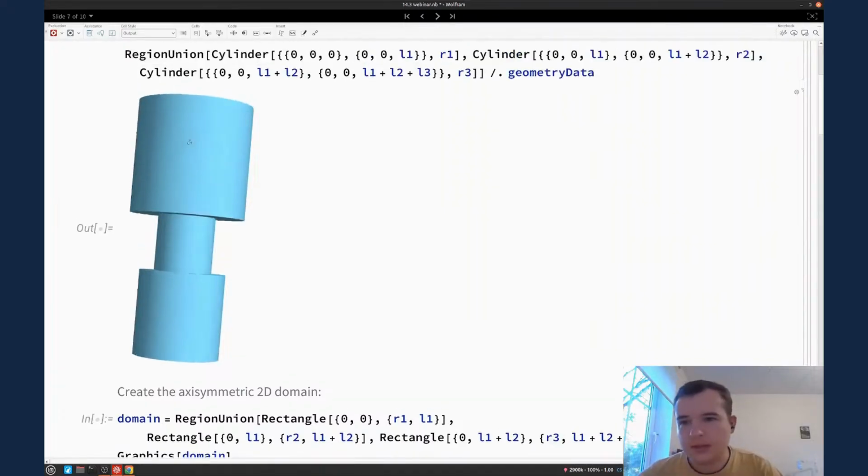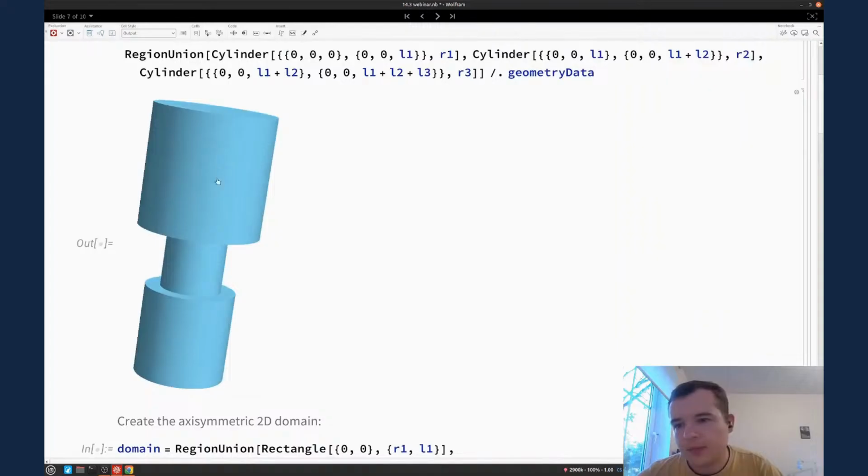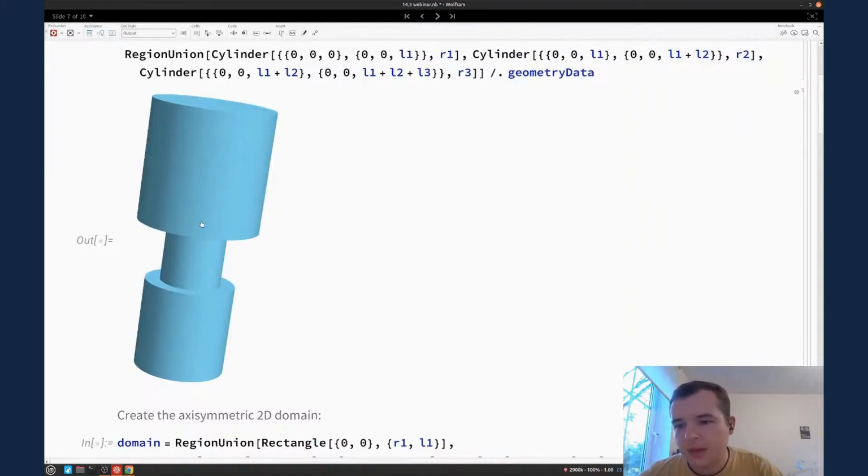As you can see, this domain is symmetric around this z-axis. So we have an axisymmetric domain, so we can simplify the equations to obtain two axisymmetric equations to reduce the time and memory that we need to solve the equations.